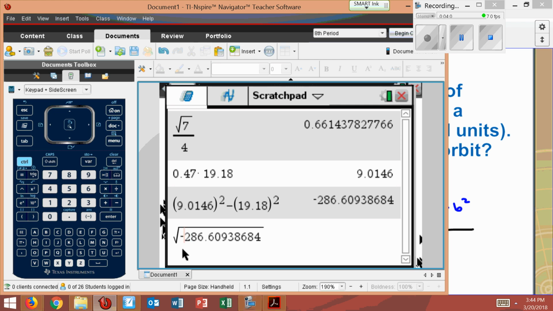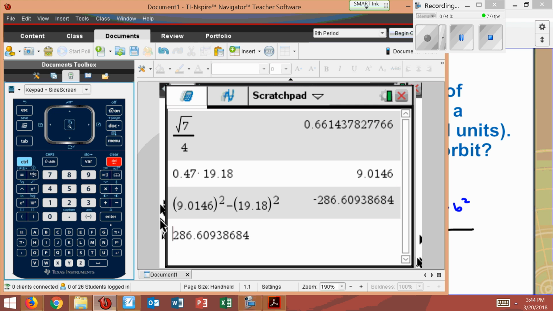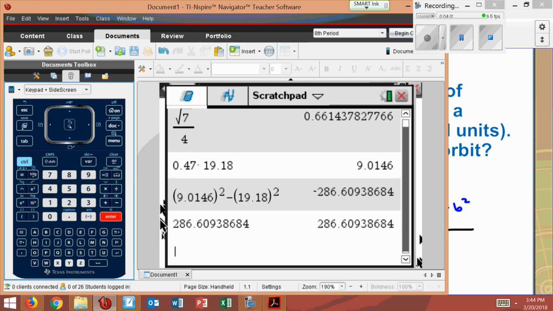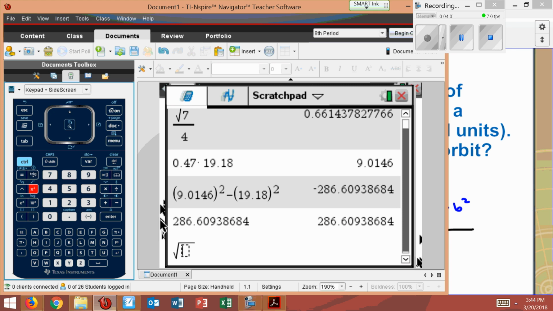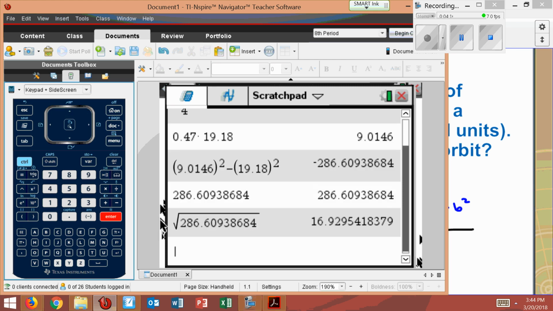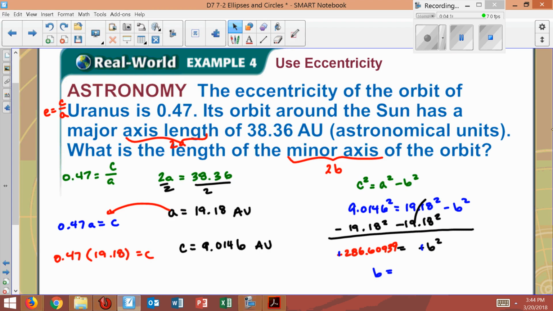So I'm going to come up here and just change that to a positive. Whoops. Let's try it again. Square root. This time I have it positive. And that's 16 point, we're just going to round this to 16.93. So I'm going to say that B is approximately 16.93.